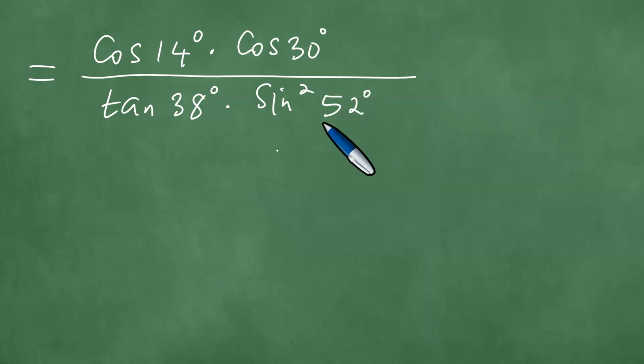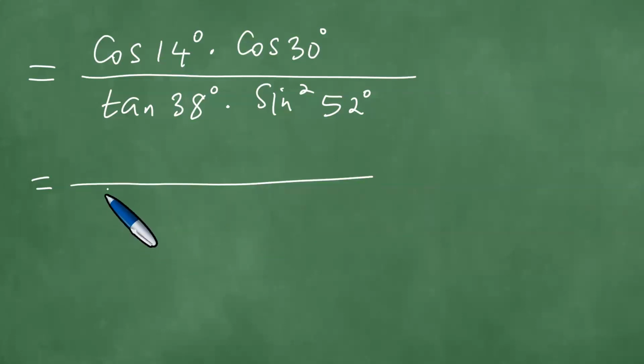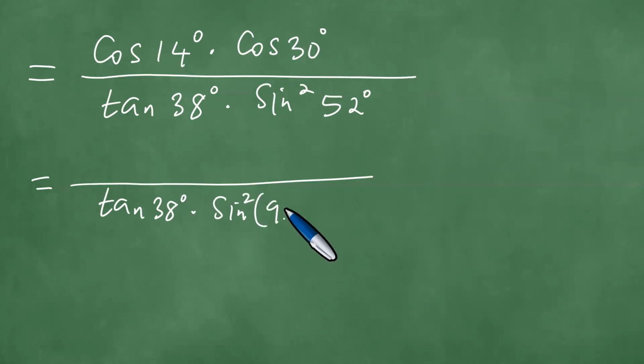So we have this. Now, in the denominator, we can keep the 38 degrees, and then we reduce this one to 90 degrees minus 38 degrees. 90 minus 38 is 52.